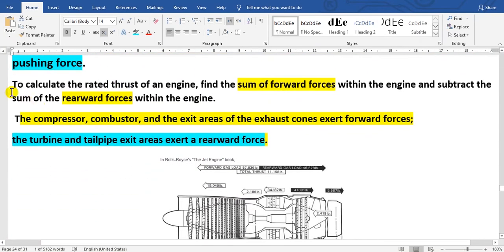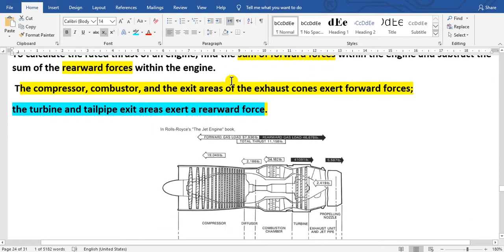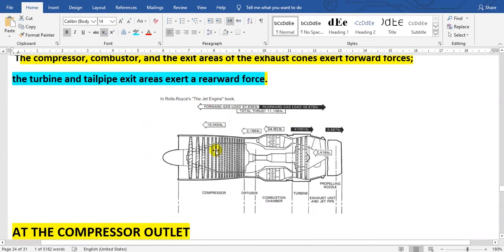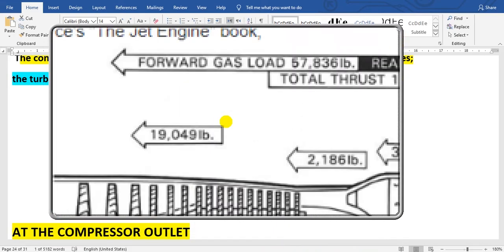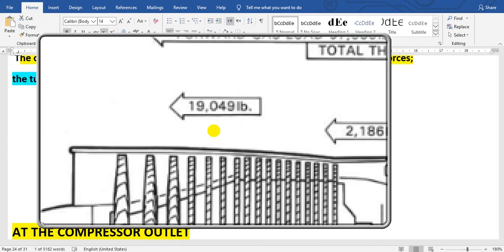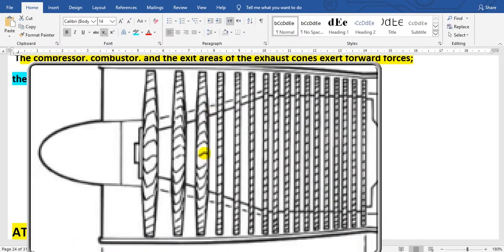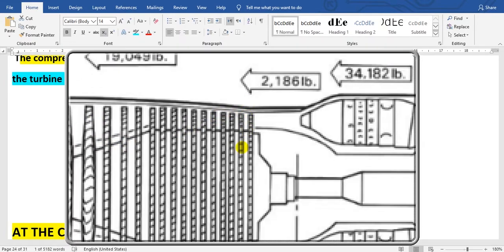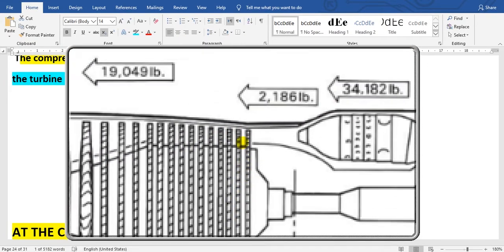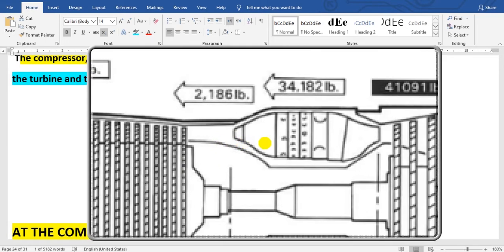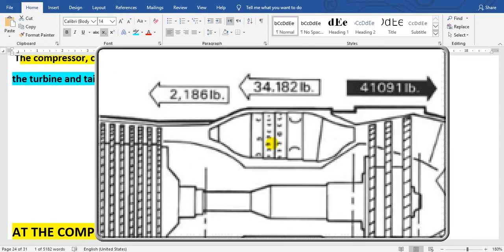Okay? To calculate the rated thrust, you have some data, this is for some engine, maybe Rolls-Royce. Look here: the arrow is forward at the compressor section, also forward at the diffuser and the combustor.